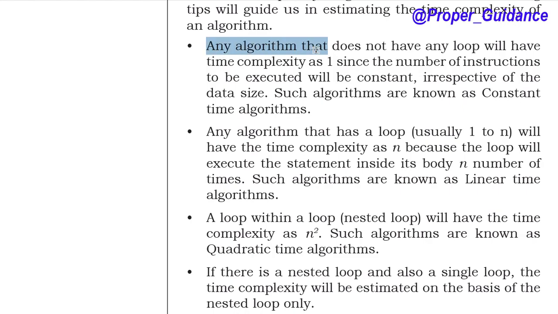Any algorithm that does not have any loop will have time complexity of 1, since the number of instructions to be executed will be constant irrespective of the data size. Such algorithms are known as constant time algorithms. Clear?